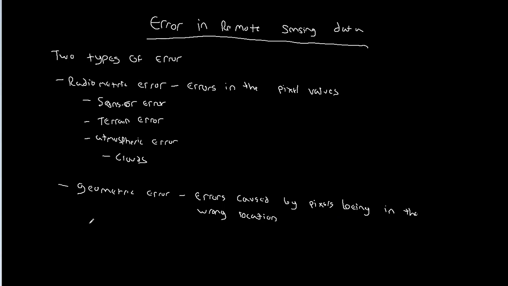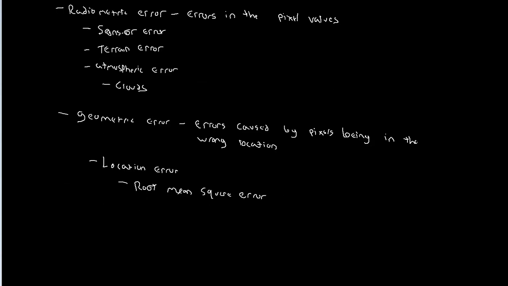And so what we're going to talk about in terms of geometric error is something called location error, which sort of intuitively makes sense. We're going to talk about something called the root mean square error, which is a way that we measure location error.